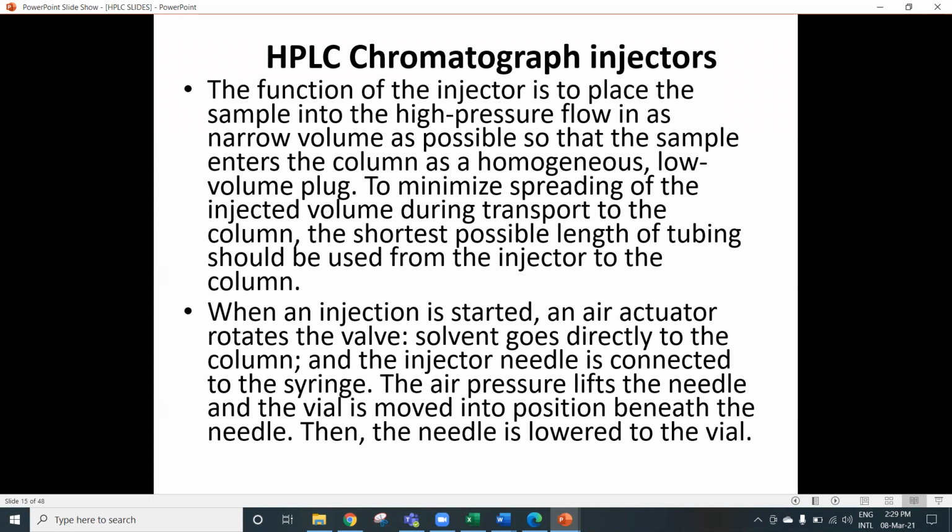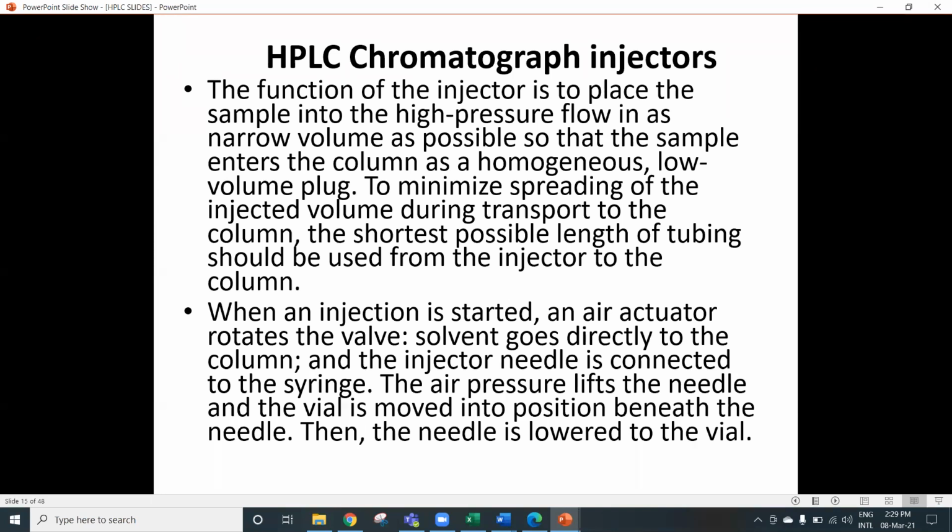tailing or fronting. And also, the distance between your column and the injector must be minimized. You don't want the length of the tubing between the injector and the column to be so long. So you want it to enter the column almost immediately as soon as you inject.